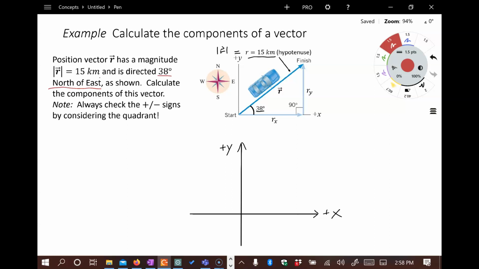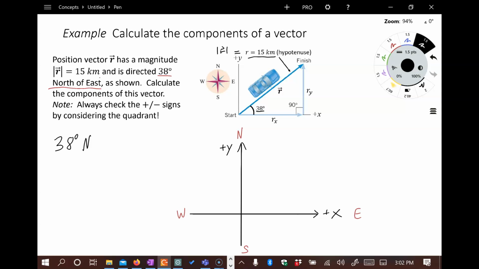So what I need to do is label the directions, okay? We know that up is north, down is south, to the left is west, and to the right is east, right?